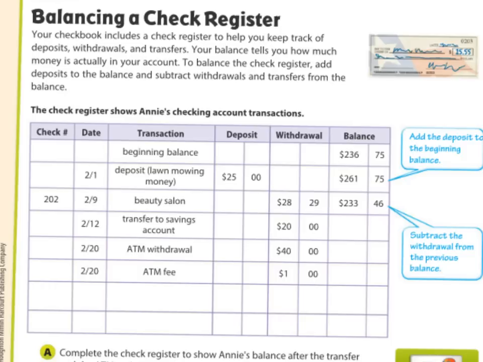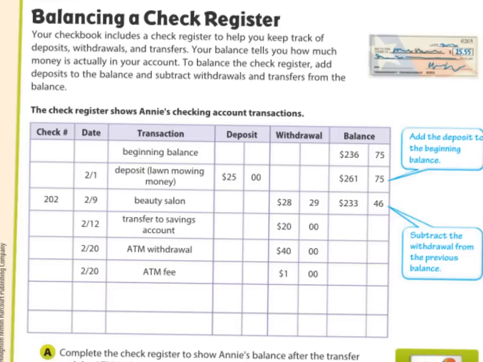So I can just log on and see how much money I have in there really super fast, immediately. But it hasn't always been that way. So a lot of people learned how to balance a checkbook and then they just still do it. That's how they keep a record of how much money they have. And you really have to know how to add and subtract when you do that.